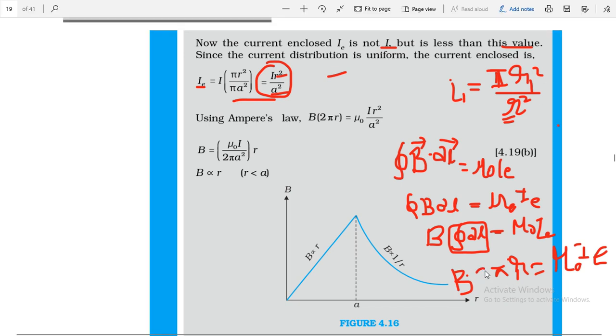This is the same equation which is represented here.